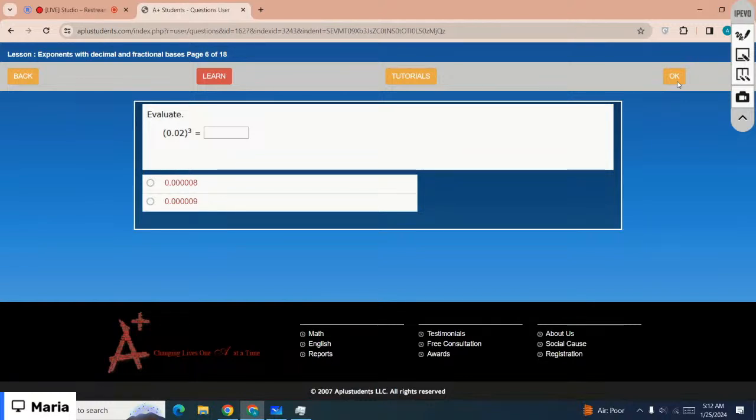The next one is 0.02 exponent 3. So which is the correct option?